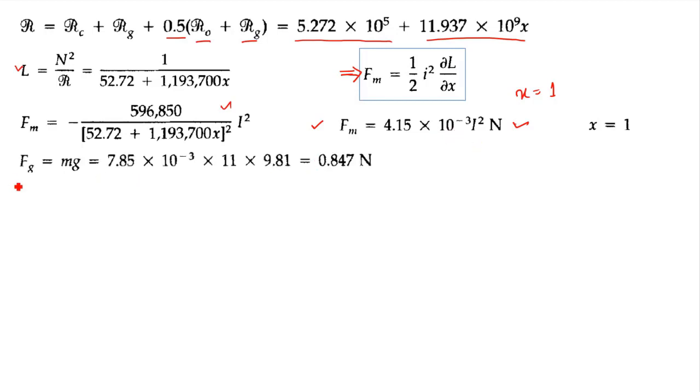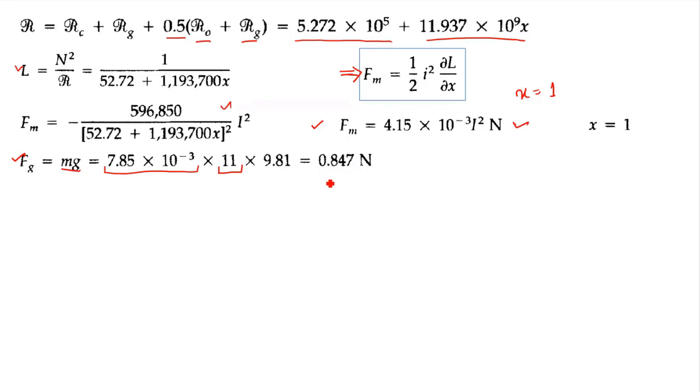So if I calculate the gravitational force Fg, that is nothing but mg. Mass I can find as density into volume. Density is given here and volume is 11 into 1, where 11 is the square cross-sectional area, right? And into 9.81.